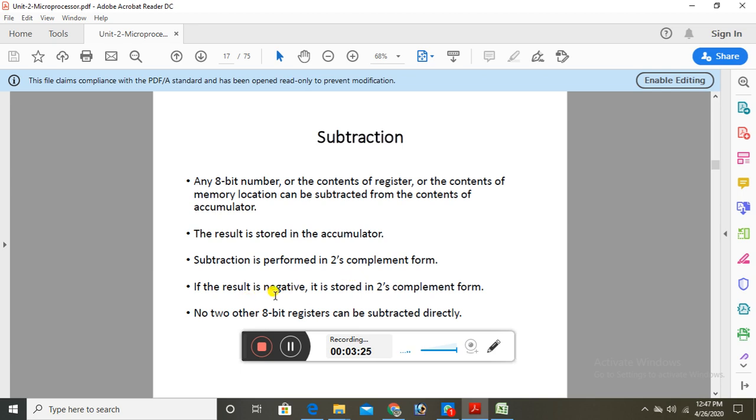If the result is negative, it is stored in 2's complement form, so you need to find the 2's complement of that negative result again to get the original result. No two 8-bit registers can be subtracted directly, just as you cannot add them directly.